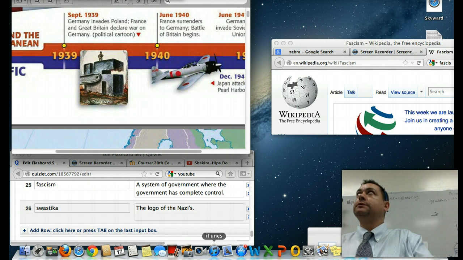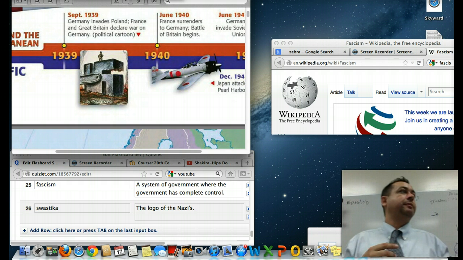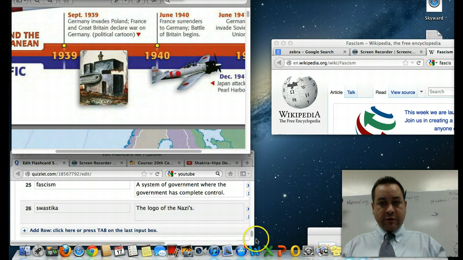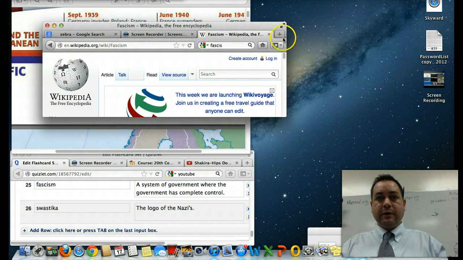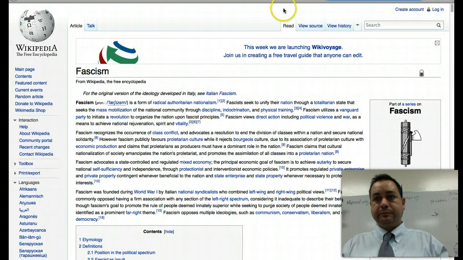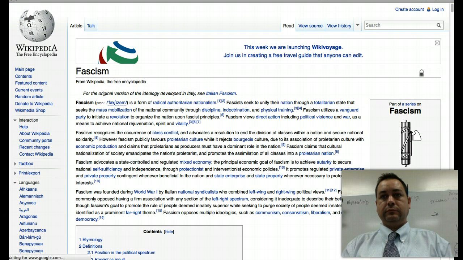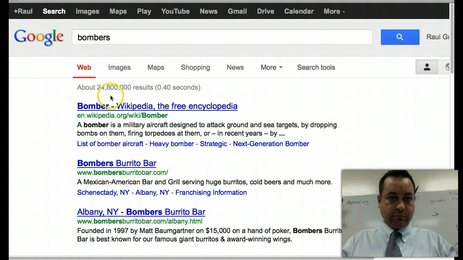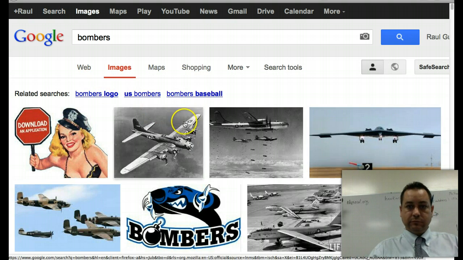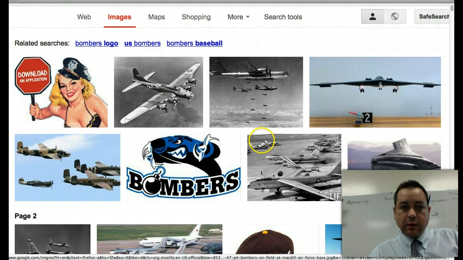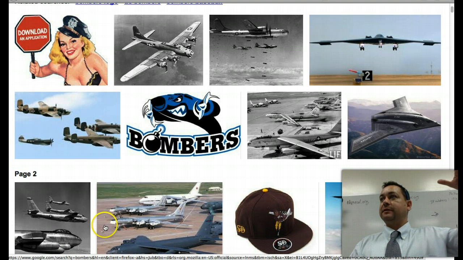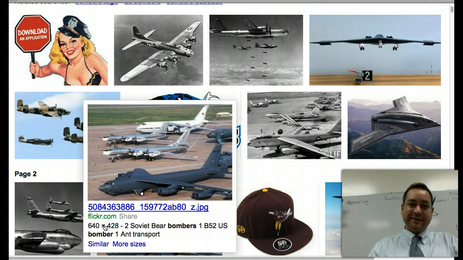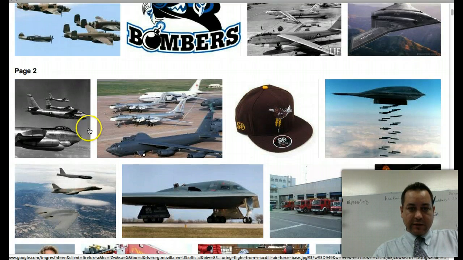Next month, in about 3 or 4 weeks, we'll actually get a chance to go on a field trip to go see some of these big bombers. Let me show you what they look like. It's really fun. These are the kind that we'll get to see, and we'll get to go inside of it, and you can hold on to the guns, and it's pretty cool.